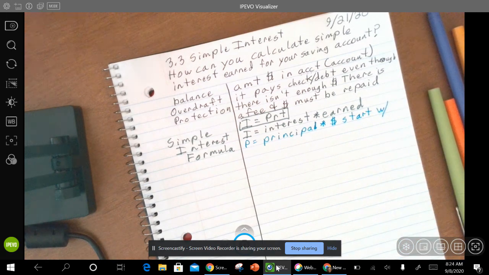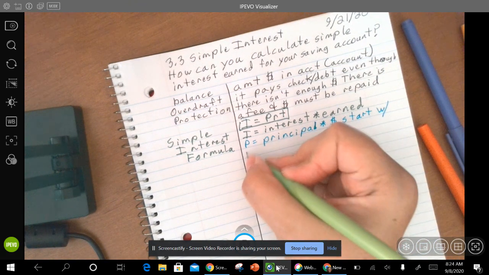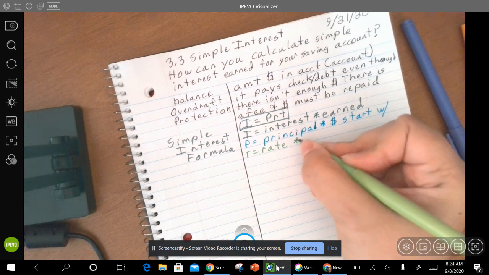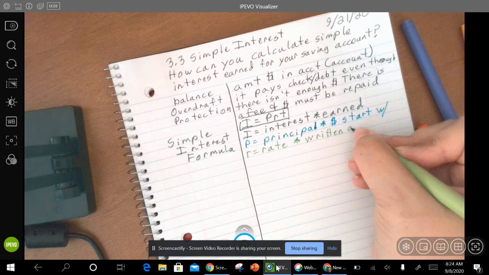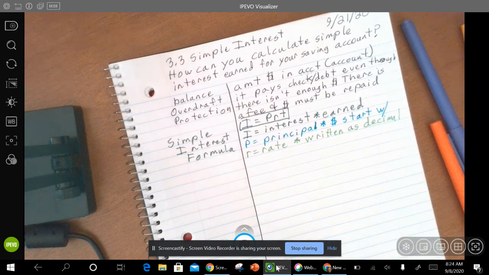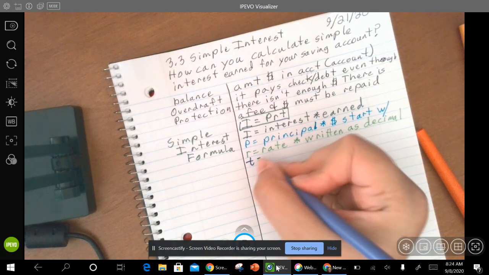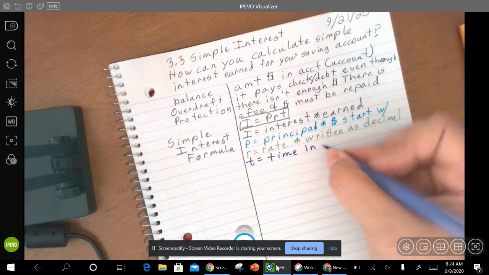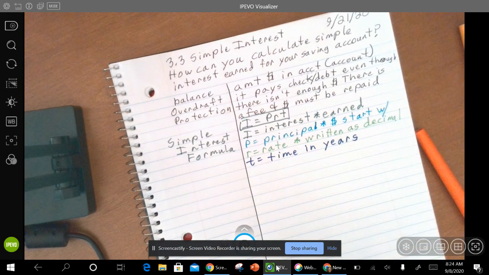R is for rate, and it's a percent, so we write it as a decimal. And T is our time in years. When you see that T, we're always talking about time in years.